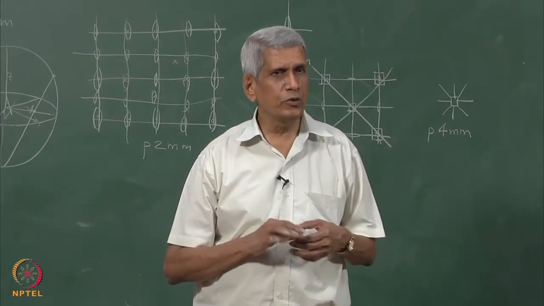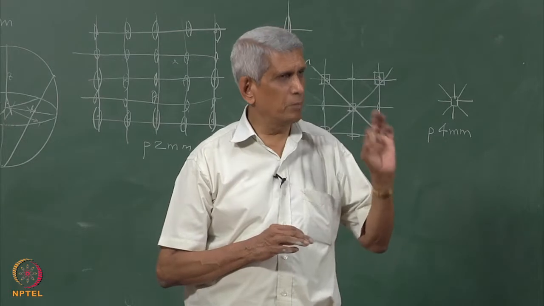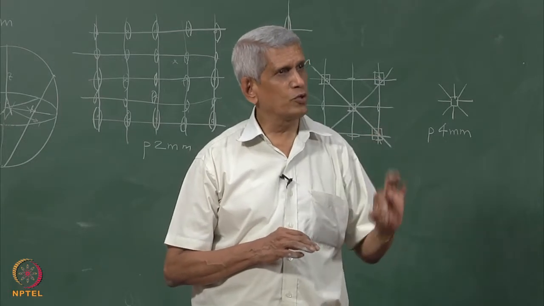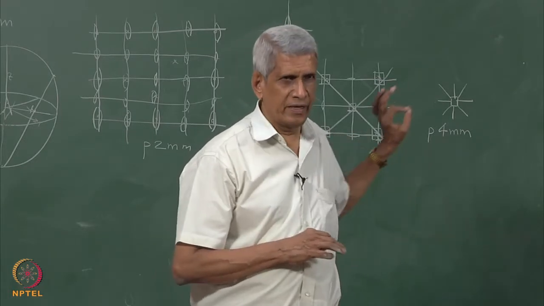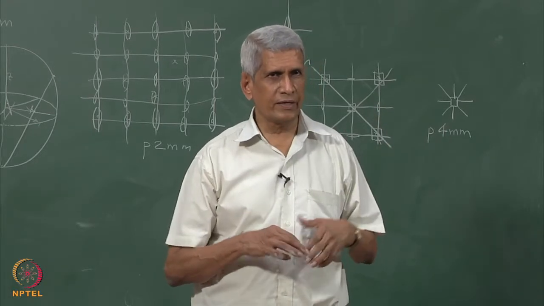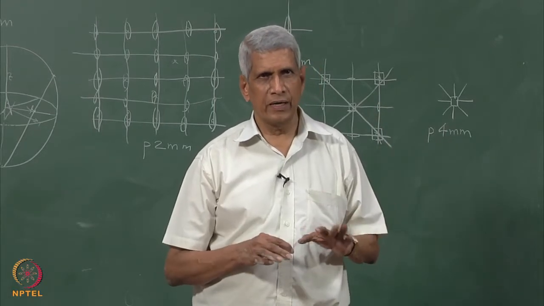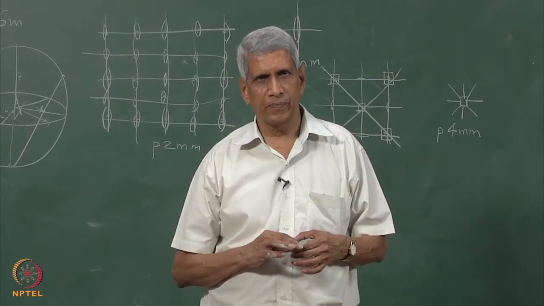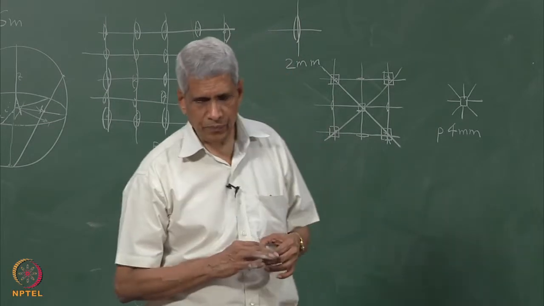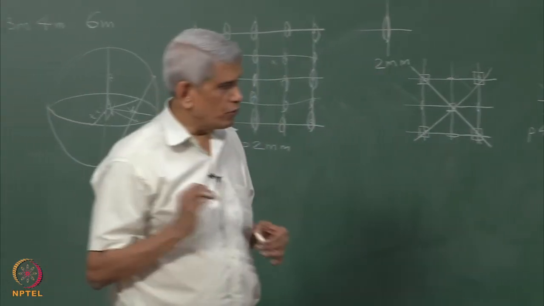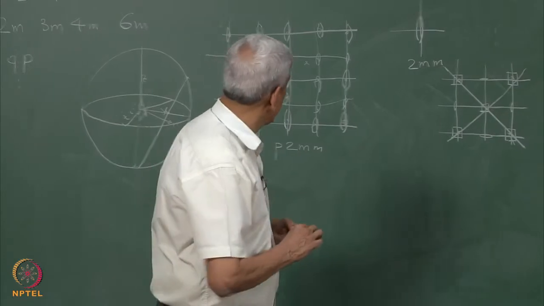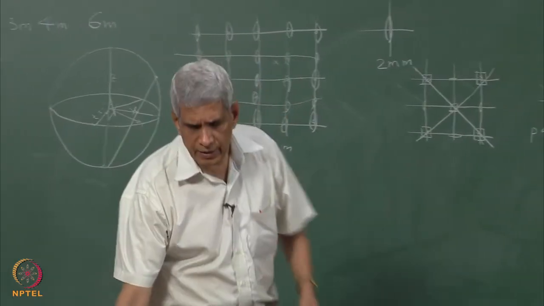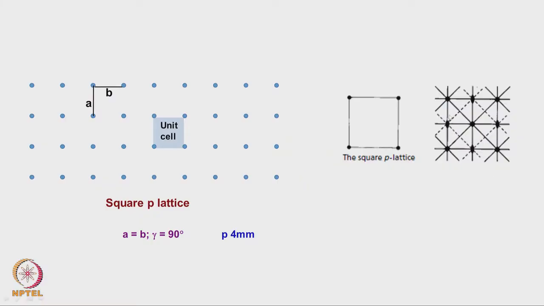So in addition to mirror, okay, a glide also is inherently there in this one. It is not separately added, okay, but the structure has got glide also present in it, okay. So if we look at all the points, this is the unit cell which we are considering here, okay, what are the symmetry elements which are associated with it?